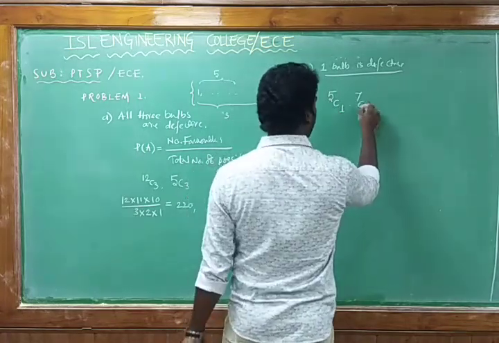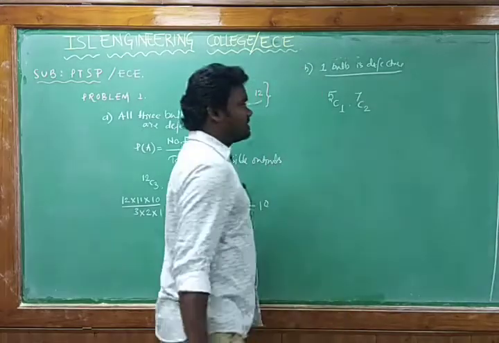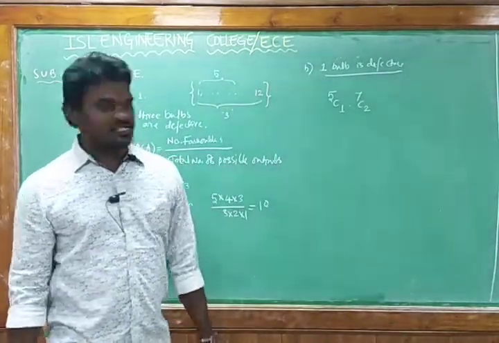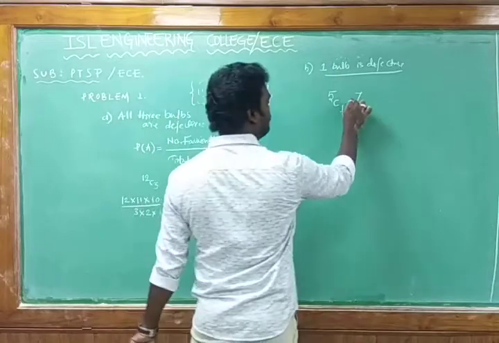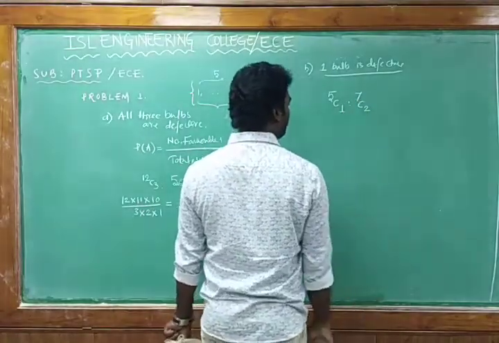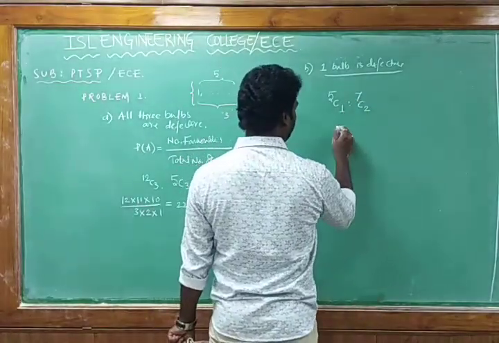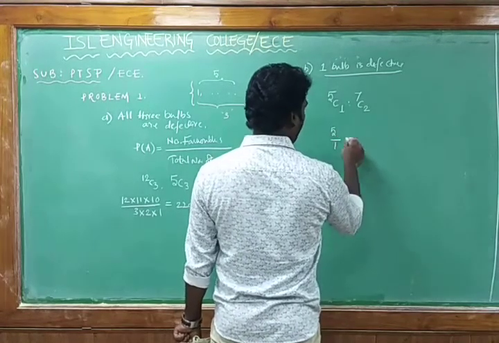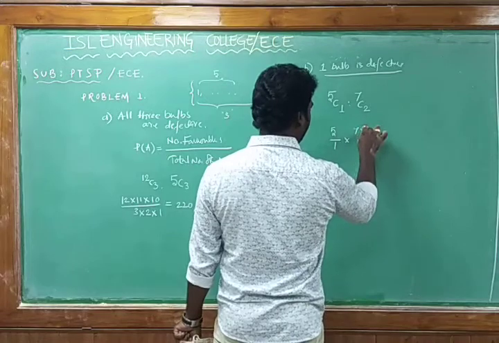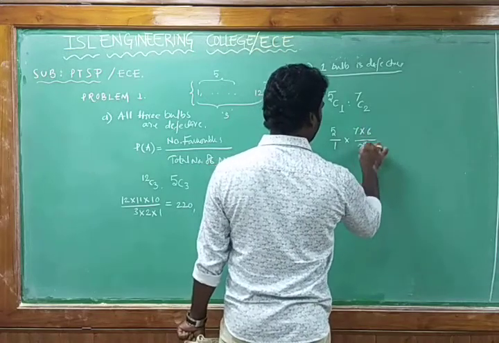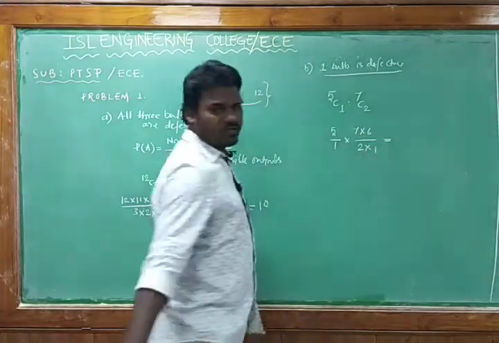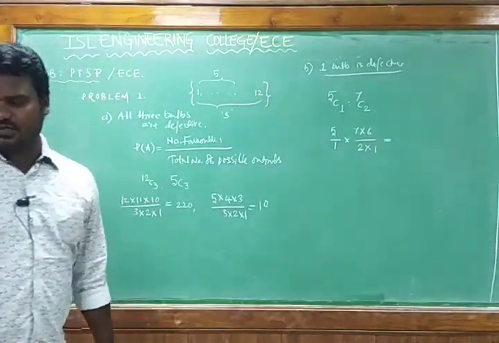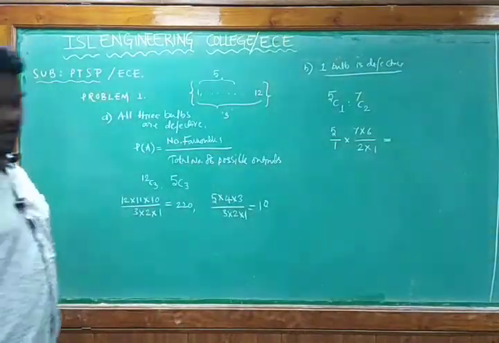So the total number of favorable cases will be 5C1 into 7C2. 5C1 is equal to 5, and 7C2 is nothing but 7 into 6 by 2 into 1, so the total number of favorable cases is 105.